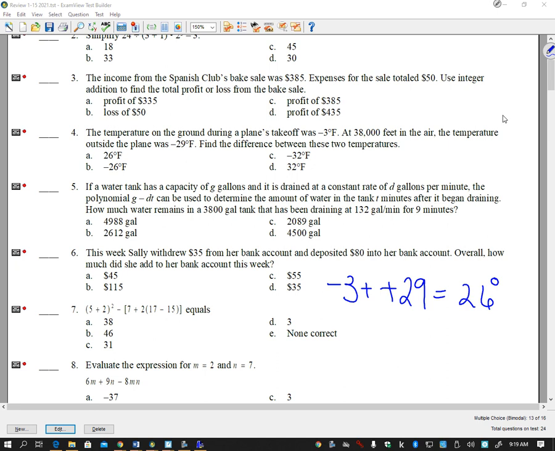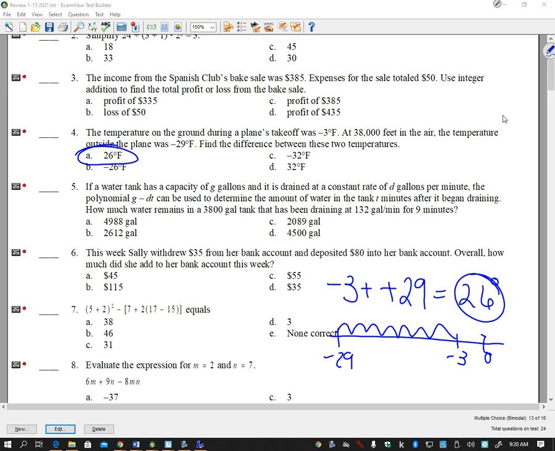If we put it on a number line, okay, like this, where we had 0 over here, and here's -3, and here's -29, and we wanted to know how many little jumps there are between those two places. We would count 26 notches between -3 and -29. Does that make sense? Okay, so our answer here is actually 26 degrees Fahrenheit.